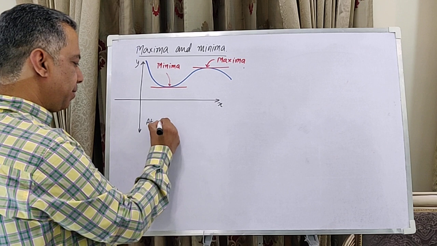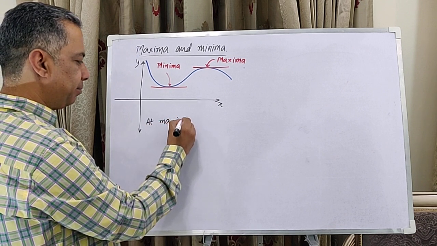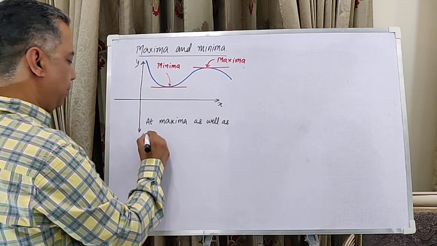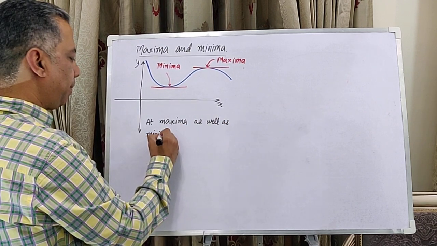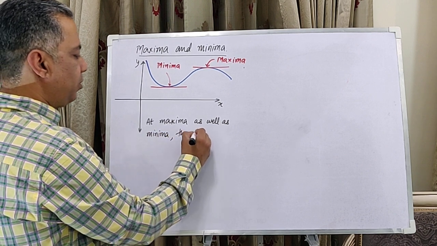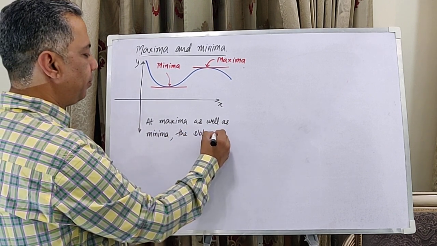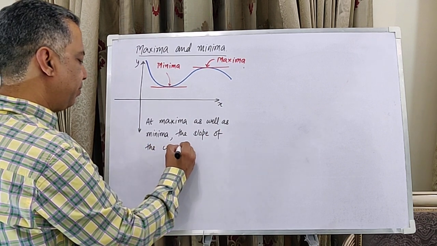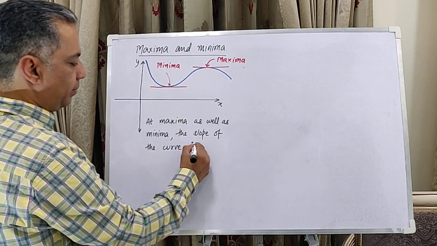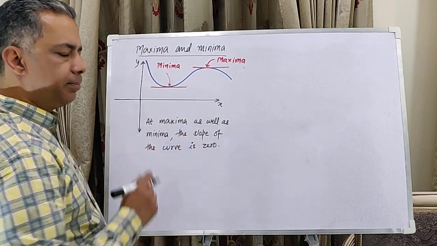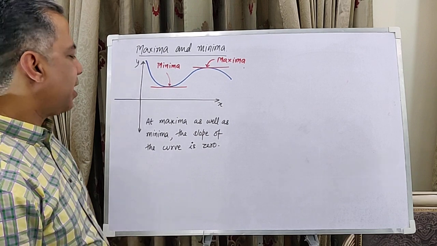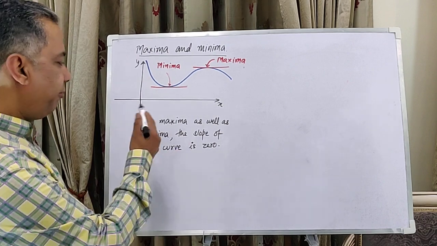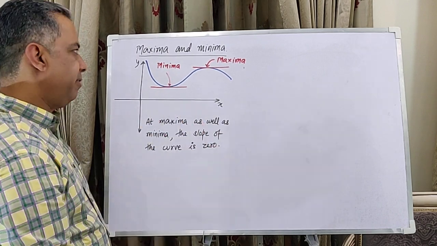So at maxima as well as minima, the slope of the curve or the graph is 0. At maxima as well as minima, the slope of the graph is going to be 0. And if the slope is 0, so is the derivative.